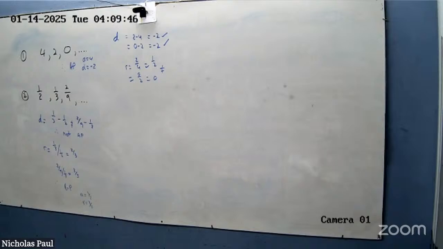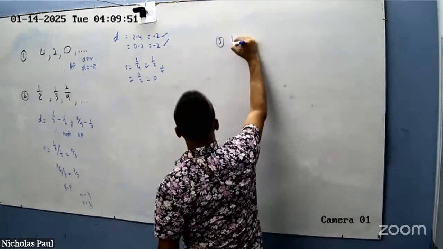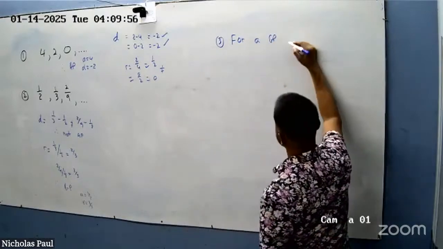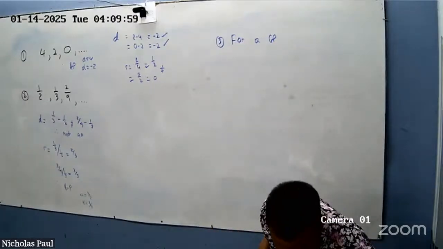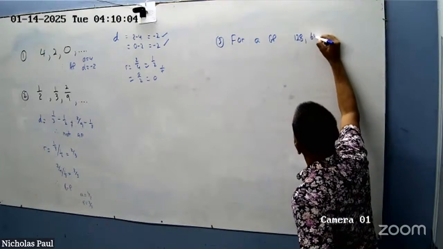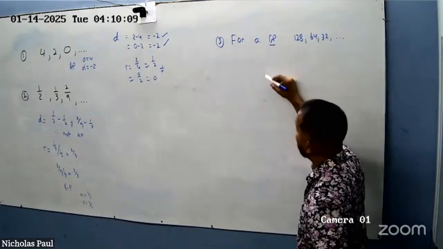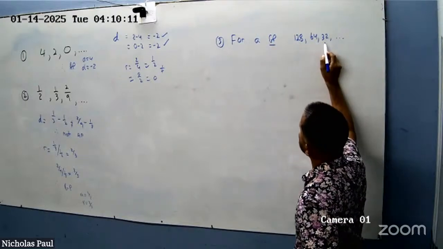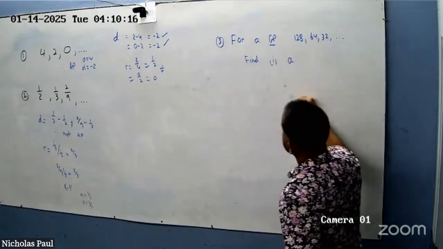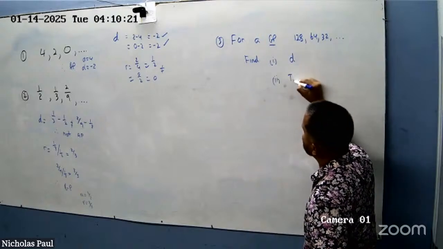All right. So now that we can identify them, let's say I gave you a GP. Let me give you one. I don't want to give you numbers that wouldn't work out, right? For the GP 128, 64, 32, I would like you to find what is R, and then find the 12th term for me.